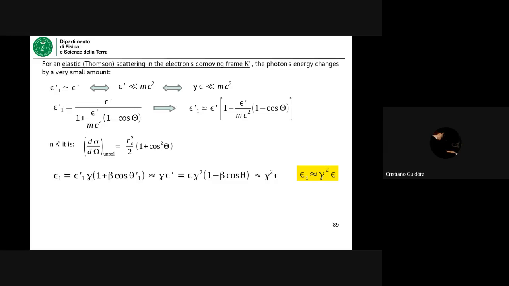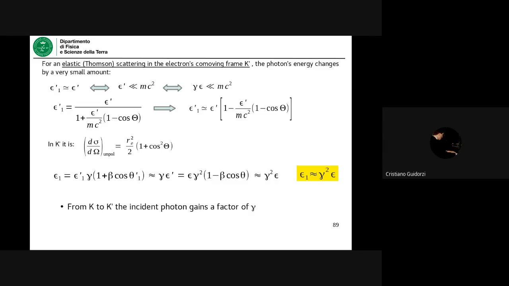Whenever you are talking about inverse Compton, you are considering an ultra-relativistic electron which upscatters photons, and on average the energy gained by the photons scales with gamma squared. So you have an amplification of gamma squared times, on average, of the energy. If you think in terms of frequency, you can have relatively soft photons, and then as a result of the inverse Compton, they can become much more energetic photons.